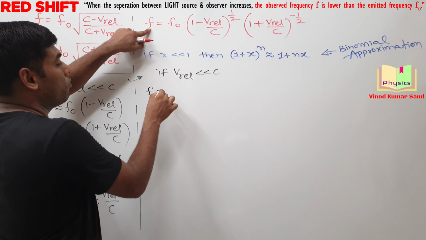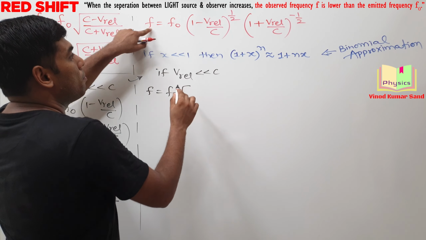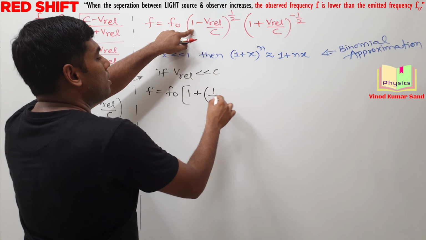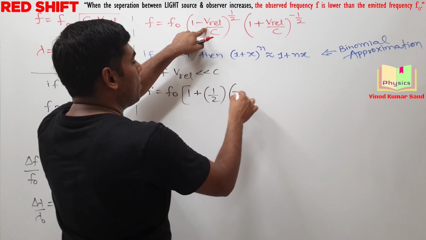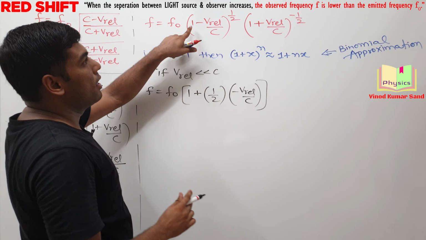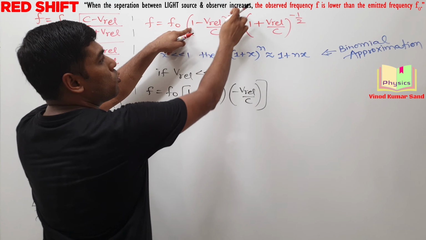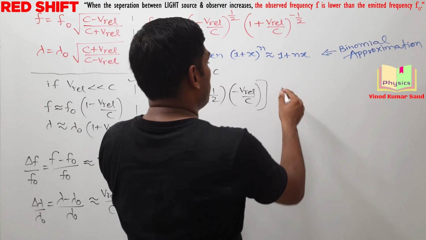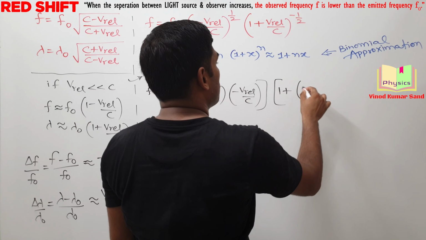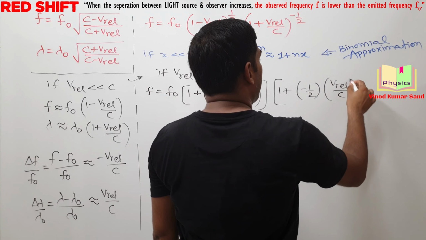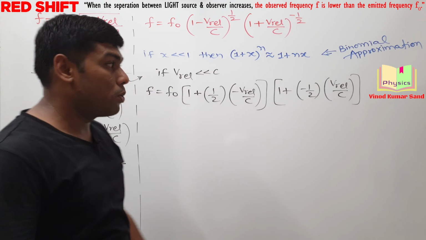Pay attention. f will be written as f naught bracket 1 plus 1 by 2 times minus v relative by c. I am explaining this part again. This is (1 plus x) to the power n, so 1 plus nx. Simplifying the things here, 1 plus minus 1 by 2 v relative by c. Do you agree?